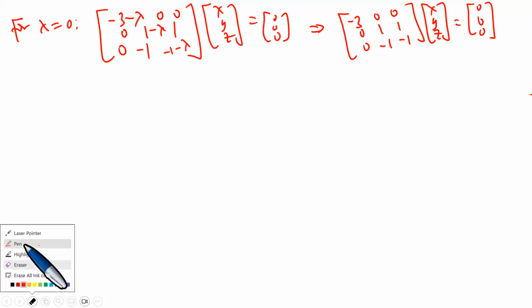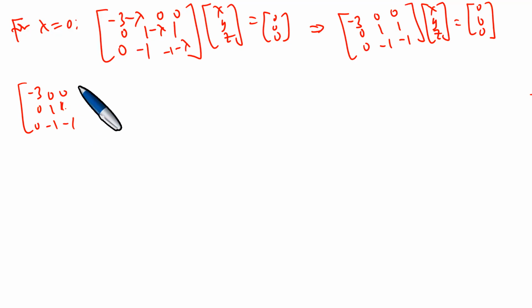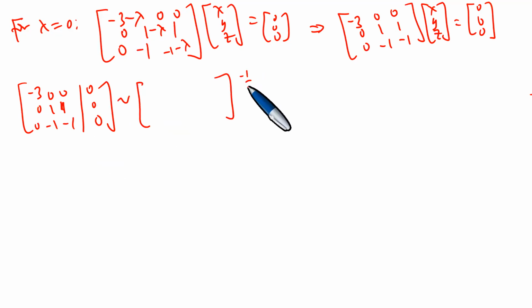Now this matrix is minus 3, 0, 0, 0, 1, 1, 0, minus 1, minus 1. We need to row reduce this matrix here. To row reduce the matrix, we need a 1 here. Minus 1/3 row 1, 1, 0, 0, 0.